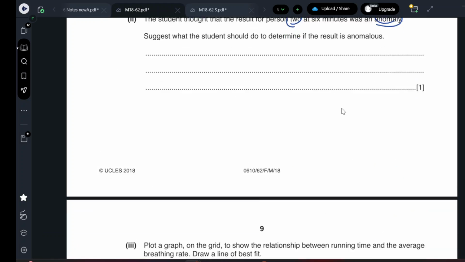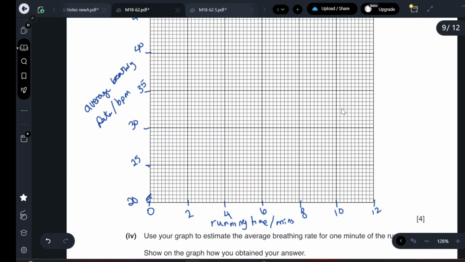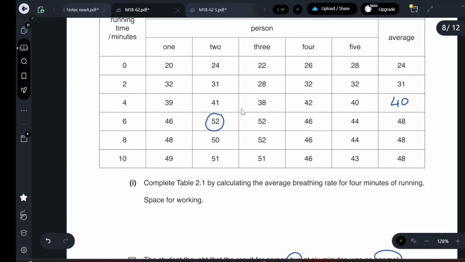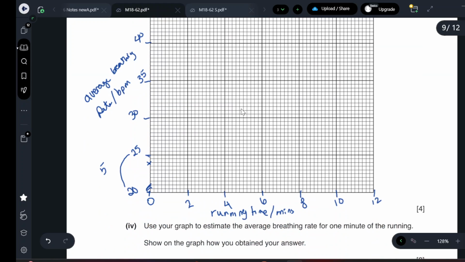0, it was 24. So how am I going to get the 24 here? You find the difference between the two numbers, which is 5 divided by 10 boxes. So each box is 0.5. And the 0, it's 24. So it's here before the 25 by 2 boxes. 2, it was 31.